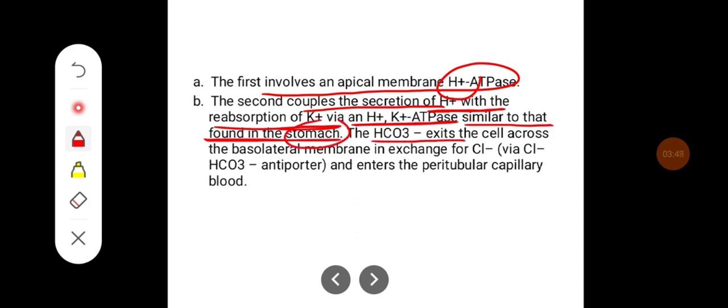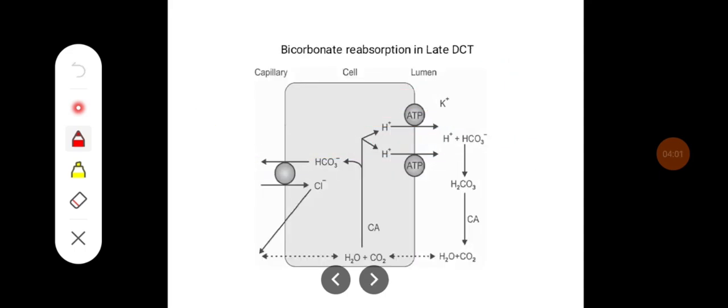The HCO3, the bicarbonate, exits across the basolateral membrane in exchange for chloride, that is via the chloride-bicarbonate antiporter, and enters the peritubular capillary blood. This is how bicarbonate reabsorption occurs in the late DCT.